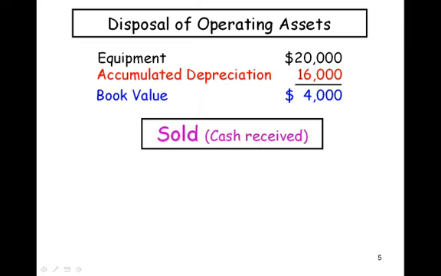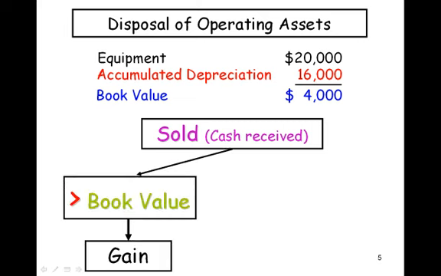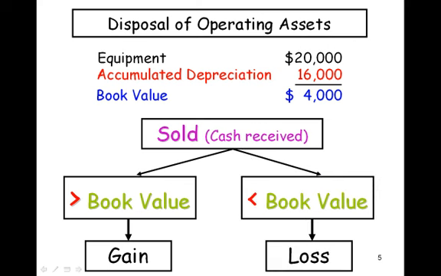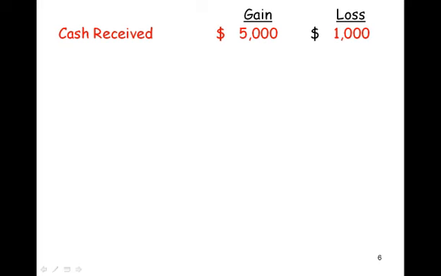In our examples, we'll assume that the asset is sold. We'll start with the cash received. If the cash received is greater than the book value, we report a gain. If the cash received is less than the book value, we report a loss. In our example, we'll assume two different cash sales transactions.